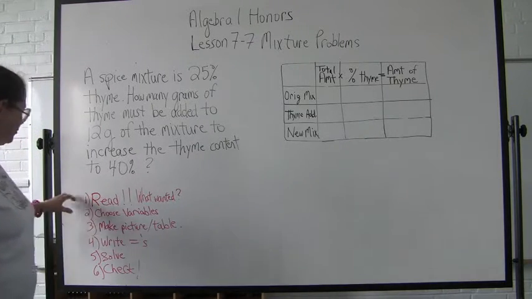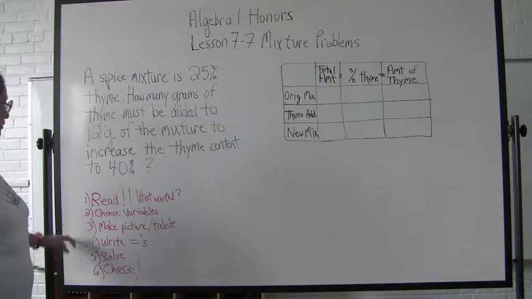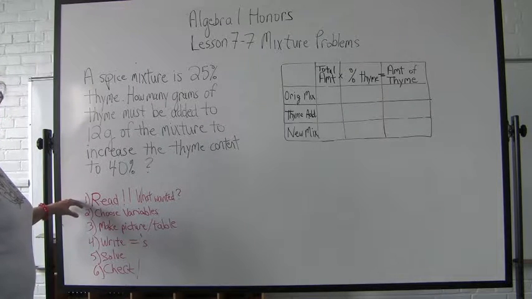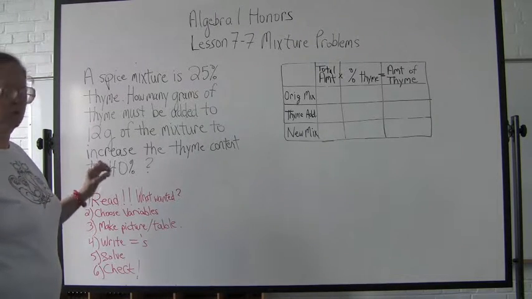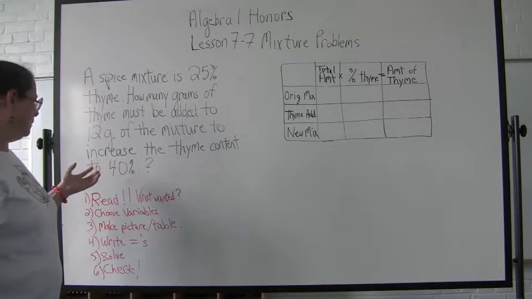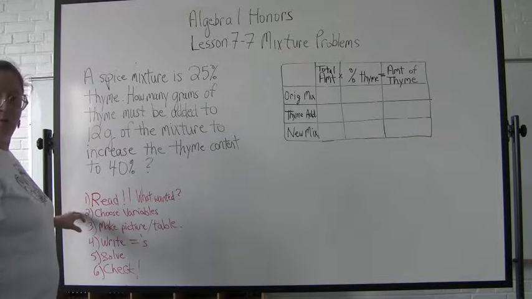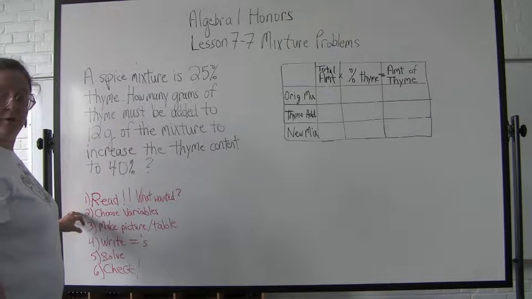All right, here are our steps for solving word problems. Read the problem all the way through the first time, and then go back and read it again and again as you pick out different pieces of information. But don't stop; read all the way through it. Figure out what's wanted. What's the problem looking for? Once you know, that's probably going to be your variable.